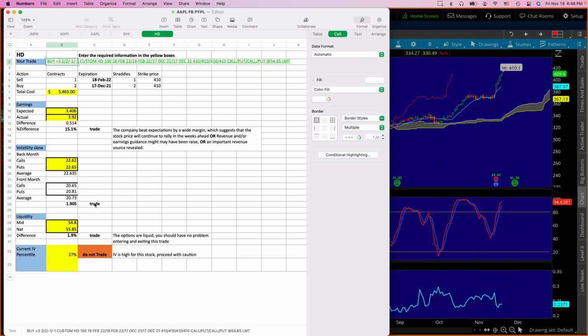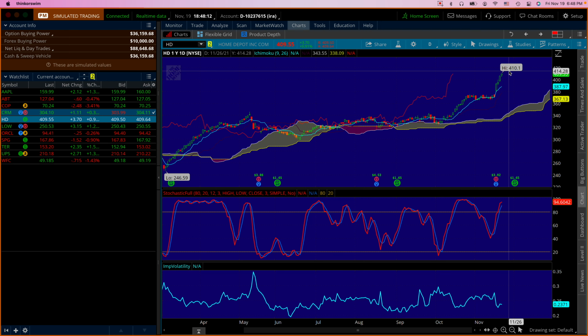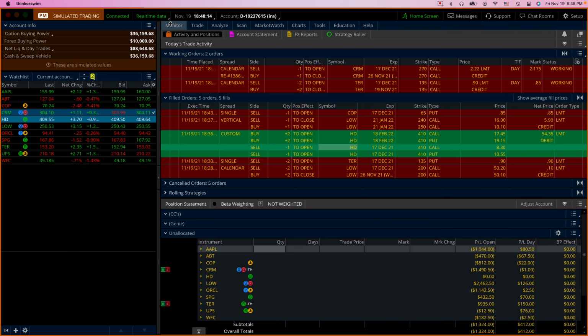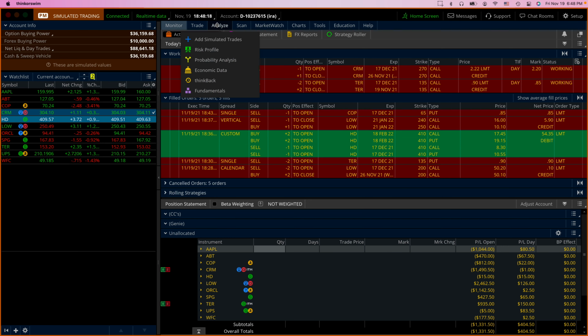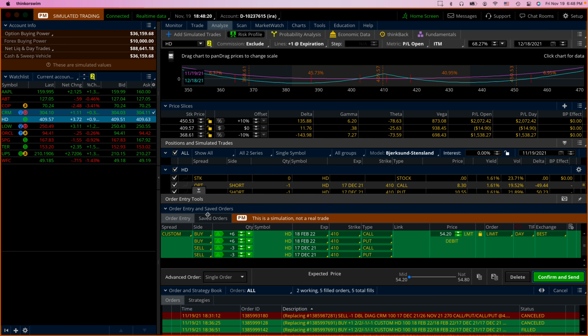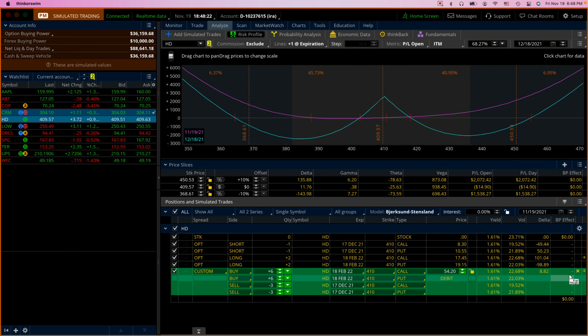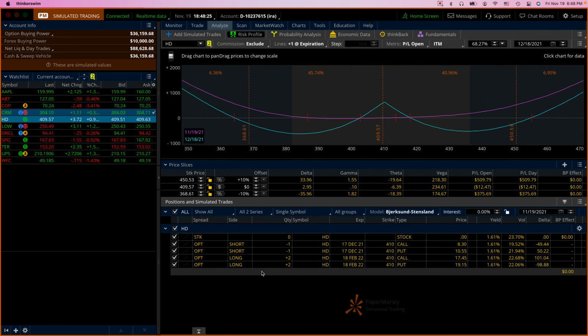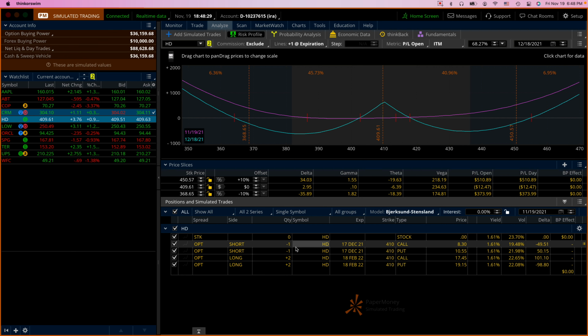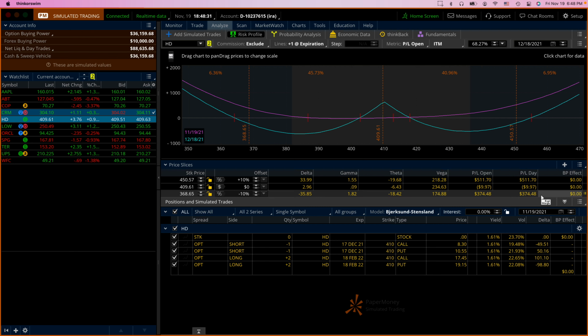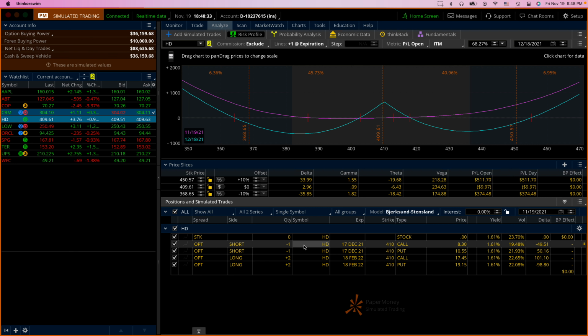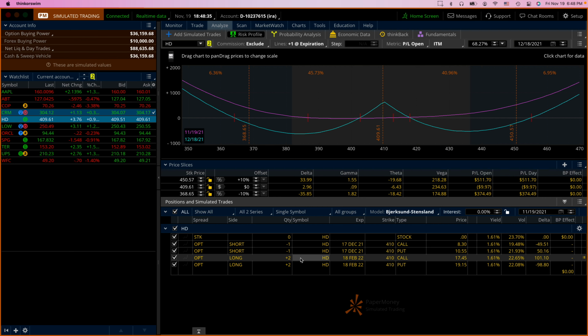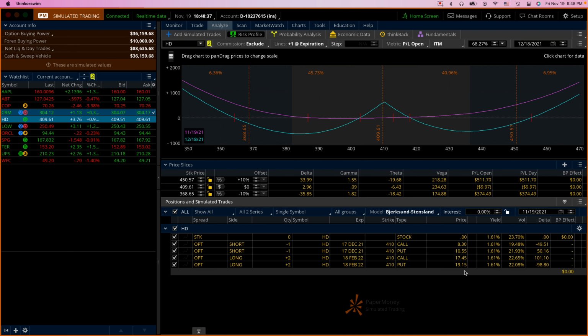But being that the other three things match and that the stock is moving strongly, is making new highs, that makes me motivated into getting it done. So I entered the trade and it got filled. So let's go to the Analyze tab to look at it right now. And as you can see, I just did one lot, which means only one short call, one short put, two long calls, two long puts. That's the trade.